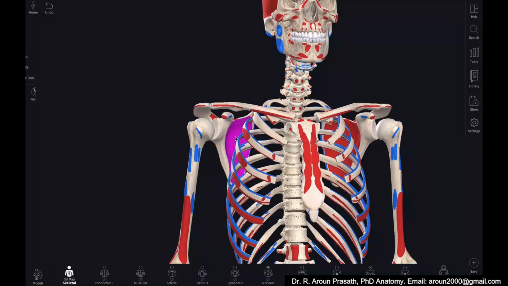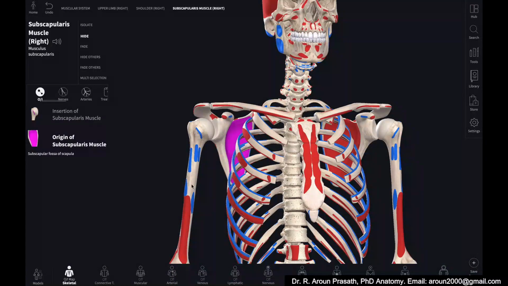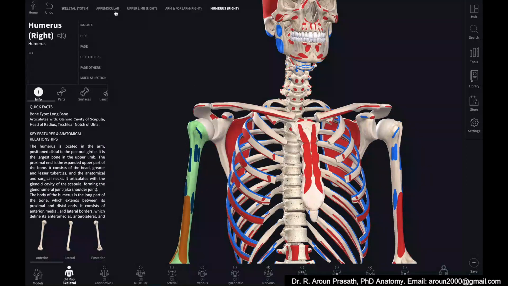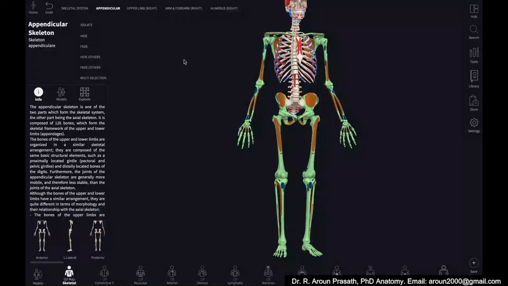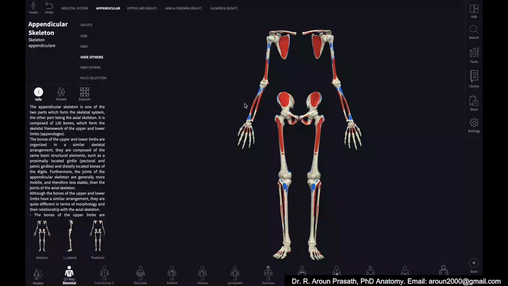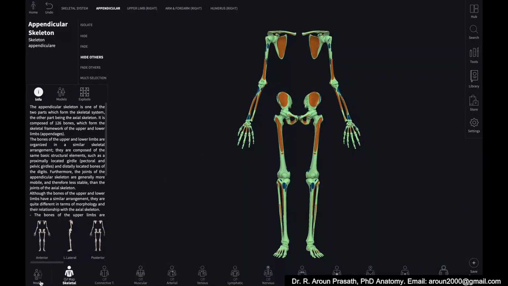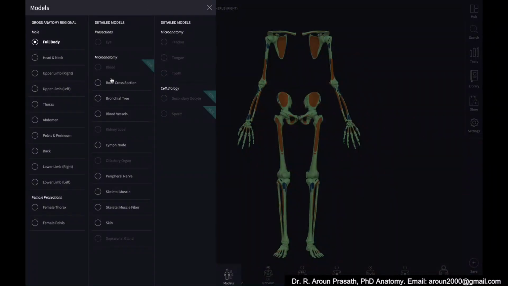Let me select only the appendicular skeleton. These are the appendicular skeleton bones that I have selected for you.